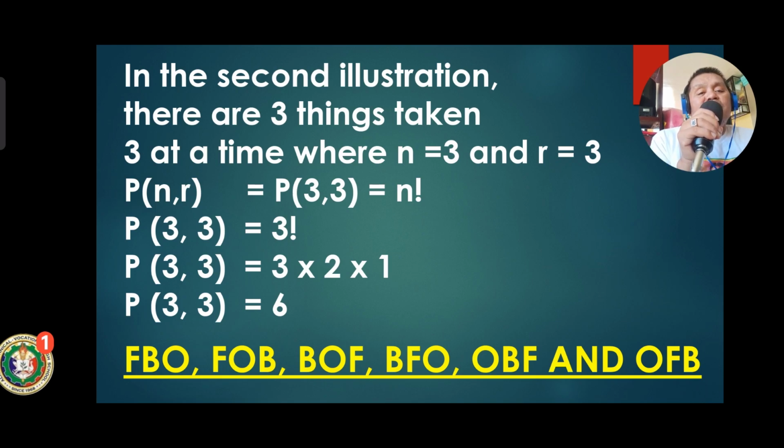Now, from the tree diagram, we produced 6 arrangements of 3 letters given 3 letters. So we have FBO, FOB, BOF, BFO, OBF, and OFB. This is very simple.